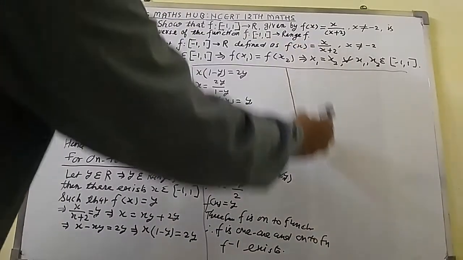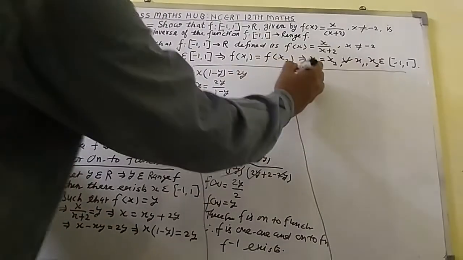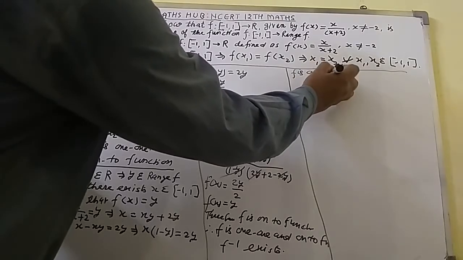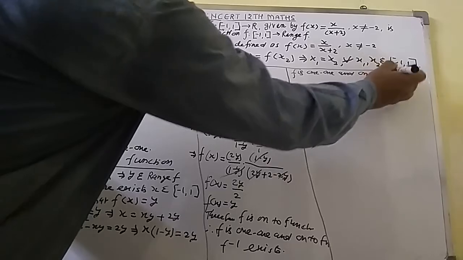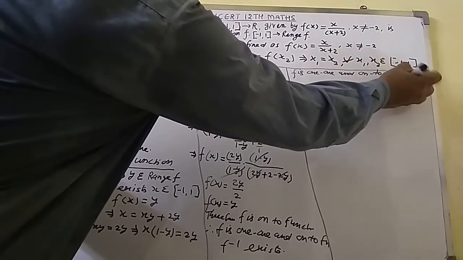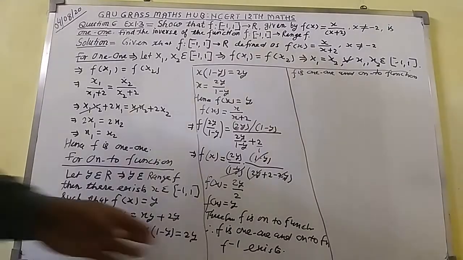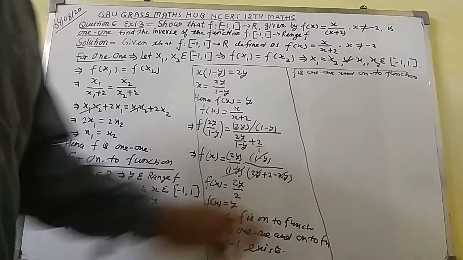Now do the operation here. Here we can write f is one-one and onto function. Here I have put f is one-one and here I have put f is onto function.